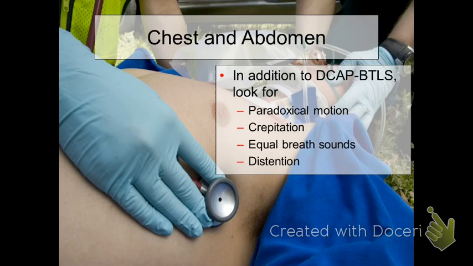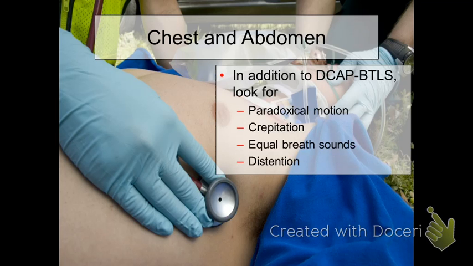What does paradoxal mean? Oh, it's when, I feel like, floating ribs and they're turning. Yeah, right. It's like a flail chest. You get the opposite. Paradoxical motion is the opposite of the other side. So if you're talking about the ribs, one chest wall goes out and the other goes in.